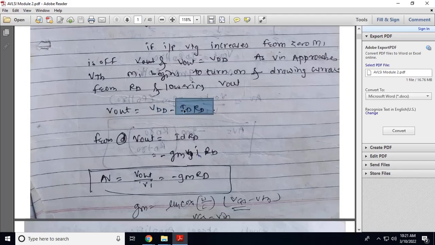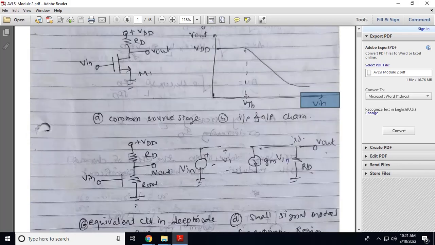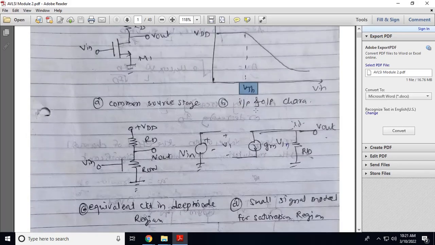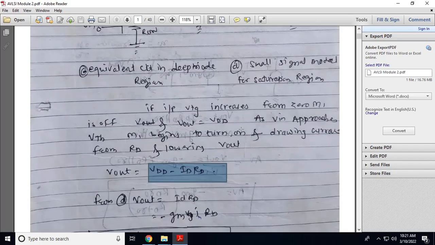Whenever there is no current flowing through the MOSFET, output is equal to VDD, and when V in is greater than VTH, current ID increases and it will decrease the output, because output is equal to VDD minus ID into RD.